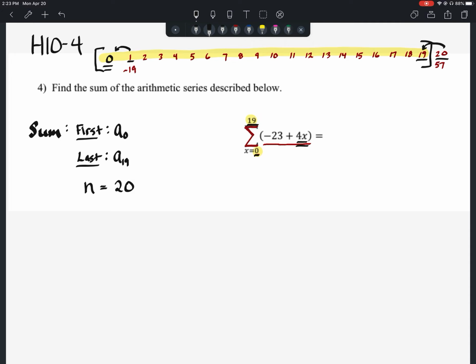So if we went backwards 4, it would probably be negative 23. But let's just double check it here. a sub 0 would equal negative 23 plus 4 times 0. And in that case, it holds true.